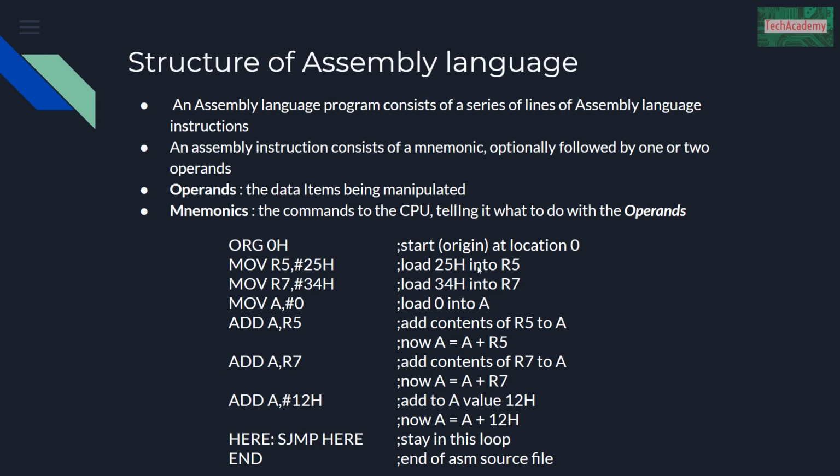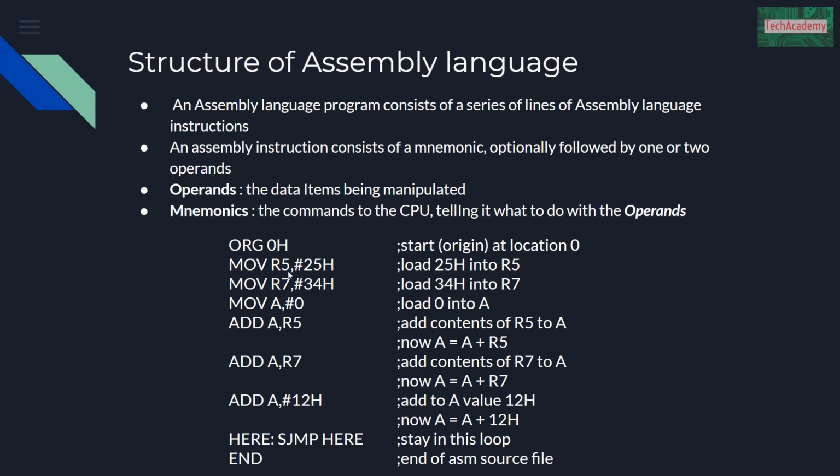So basically an assembly language program consists of a series of lines of assembly language instructions or directives. An assembly instruction consists of a mnemonic optionally followed by one or two operands. So this move is nothing but an instruction, but this is called a mnemonic, and it can consist of one or two operands.